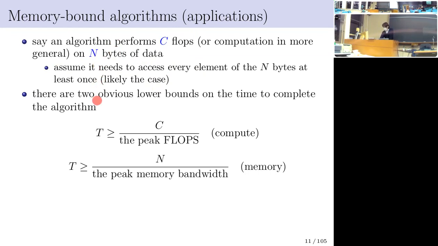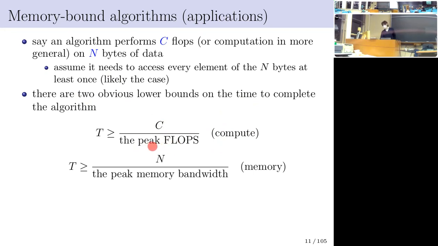Then there are two obvious lower bounds on the time to complete the algorithm, the entire algorithm or a single iteration, depending on which you are talking about. One is the limitation that stems from the processor performance. The algorithm performs C flops, but the processor can do only so many flops per second.